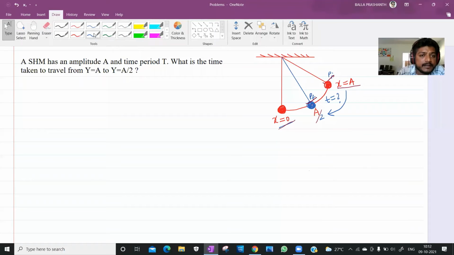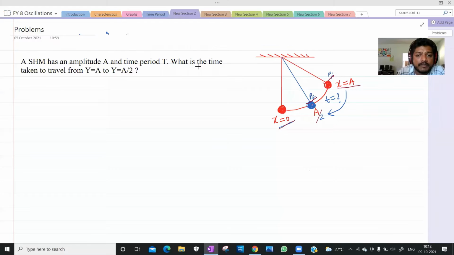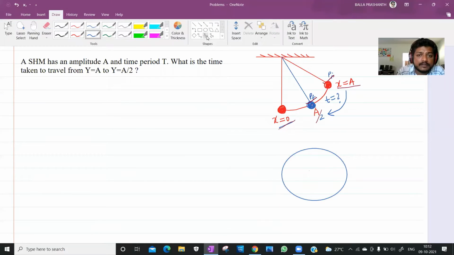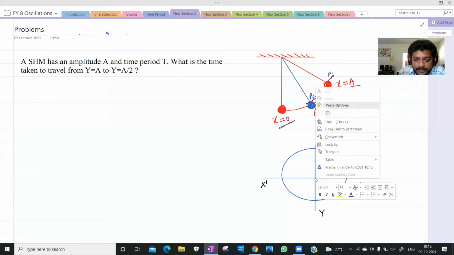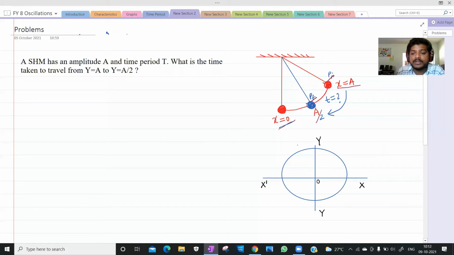Now see here. I will take the reference circle. This is the x-axis and the negative x-axis, this is the y-axis and the negative y-axis, and this is the mean position, the origin.